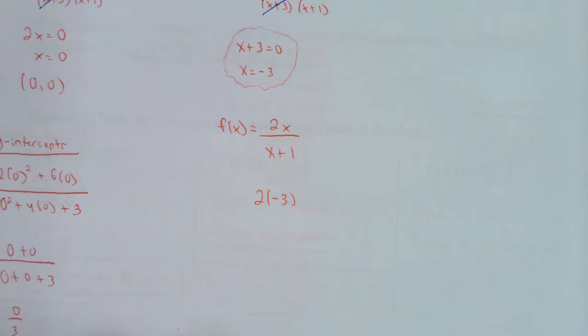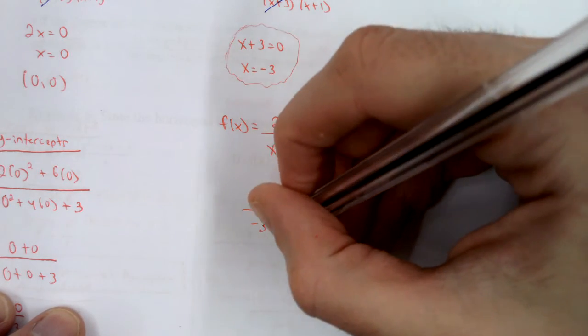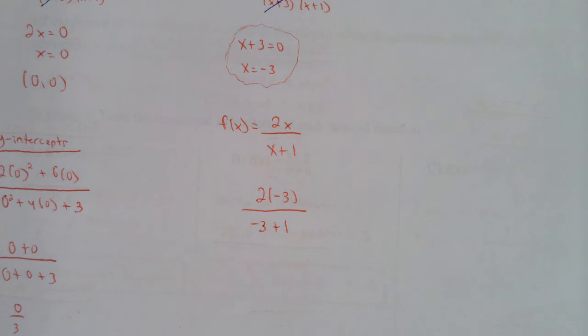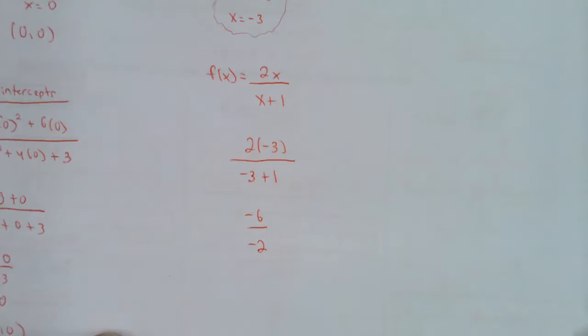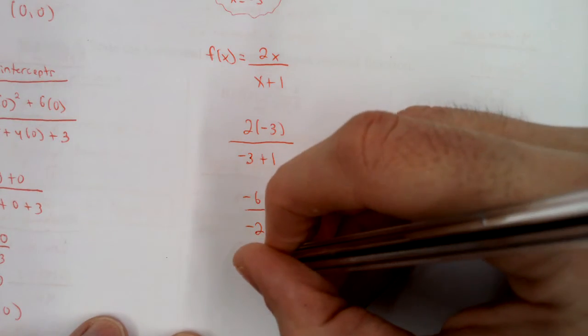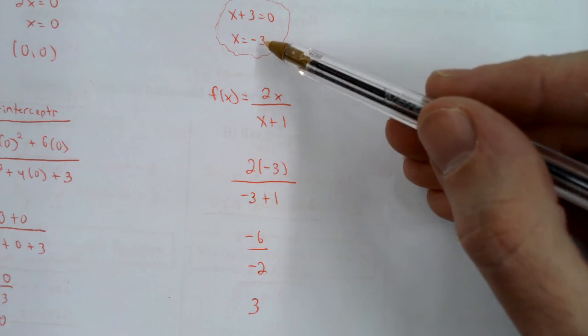The reason why I'm using negative 3 is because that's the x value of my hole. Over negative 3 plus 1. So it'll be negative 6 over negative 2, which equals 3. So the hole is at negative 3, comma 3.